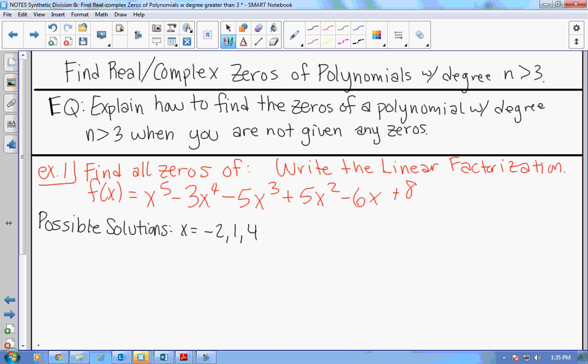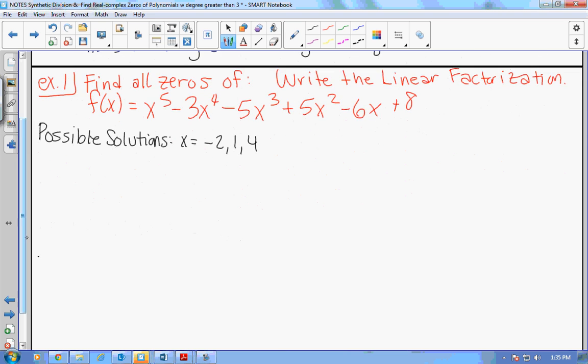Okay, so we can tell if they're actual intercepts by using synthetic division. So I'm going to start with the -2. I put the -2 in the box. Because it is a 0, we don't have to change the sign. It's when you go from a factor to the box that you have to change the sign. Are there any gaps in my powers? Always look for that. No. So we're just going to write down the coefficients.